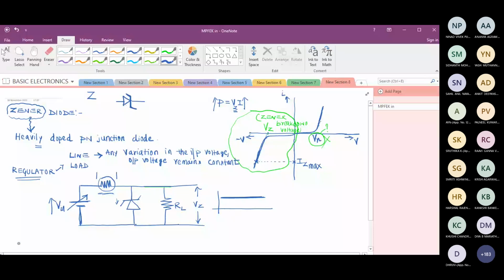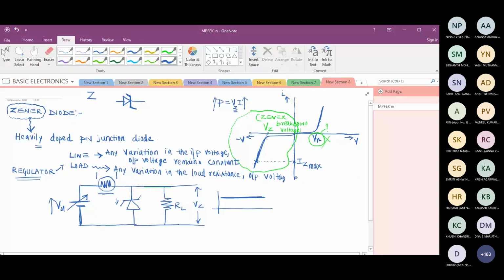What is load regulation? Any variation in the load resistance, the output voltage remains constant.